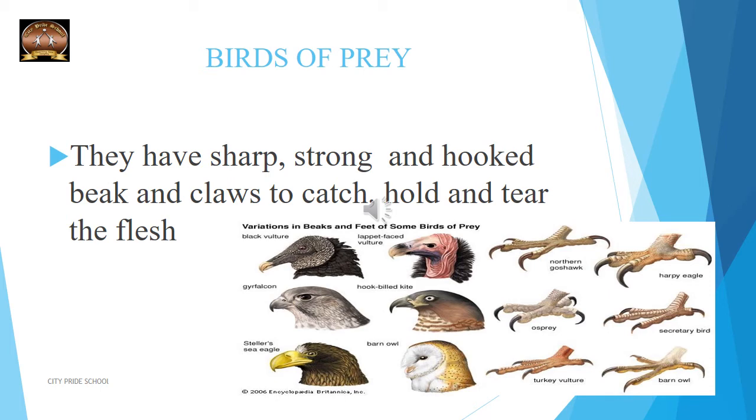In this slide you can see the beaks of all the birds are somewhat hooked, and the claws are also very sharp so that they can help them to tear the flesh. And the shape of the claws helps them to hold the prey very firmly.